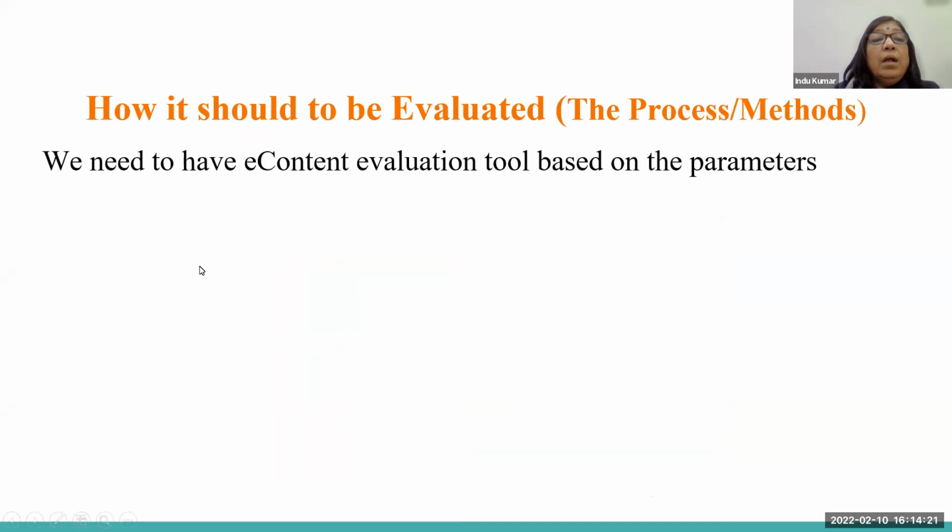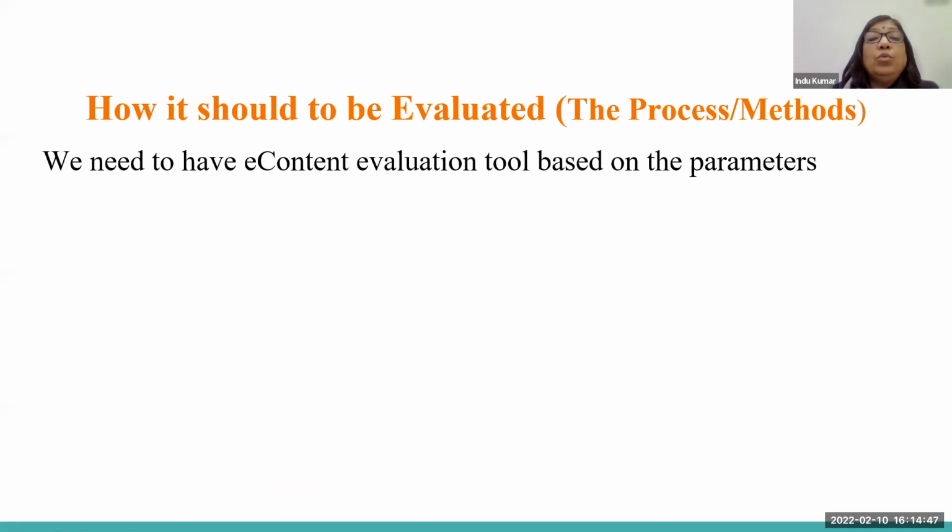Then again, how it should be evaluated, the parameters in the previous slide, which have been taken from e-content evaluation guidelines. So we need to have an e-content evaluation tool based on the parameters which I discussed in the previous slide.